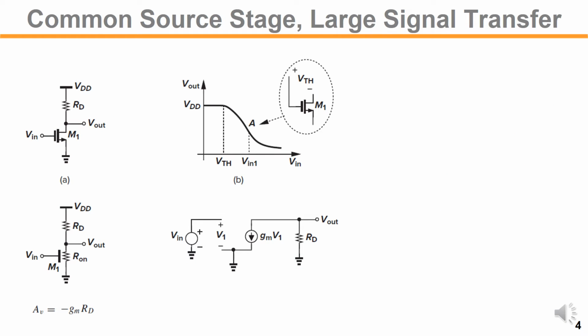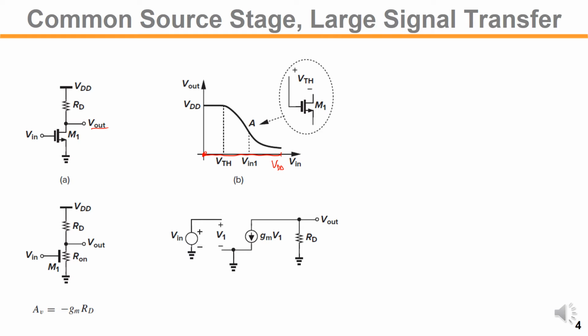We'll also take a look at the large signal behavior. For example, if the input is swept from 0 to VDD, what is going to happen on the output node? If the input is 0, M1 is turned off.